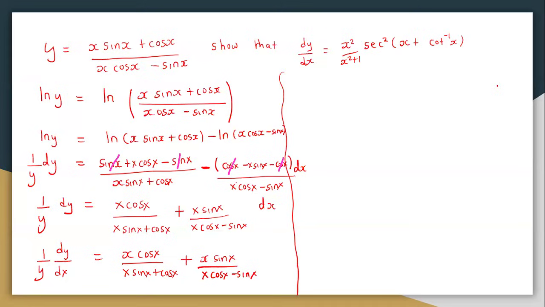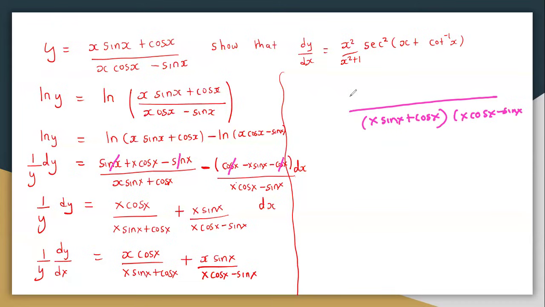Oh, okay. So what you are going to do, we are going to simplify what we have on the left. So when you look at what I have on my left, you notice that our LCM is going to be x sine x plus cos of x, then I'll have x cos of x minus sine of x. That's what I have. So what am I going to do?